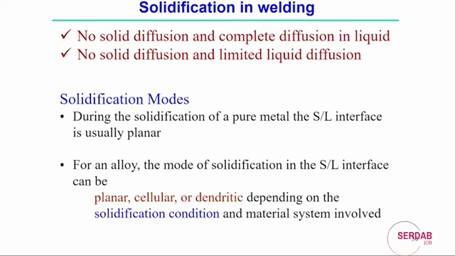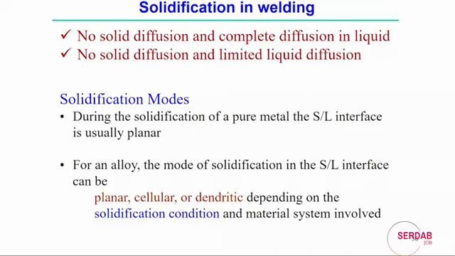Now let us look at the different types of solidification modes. During the solidification of a pure metal, the solid liquid interface is usually planar, so the front moves like a plane. That is one type of mode.